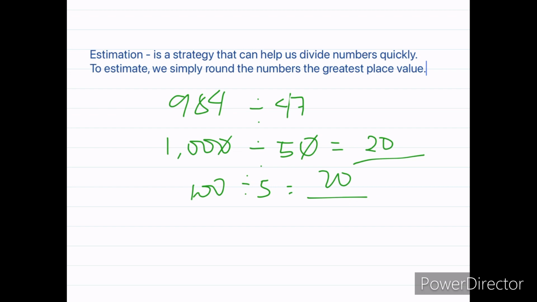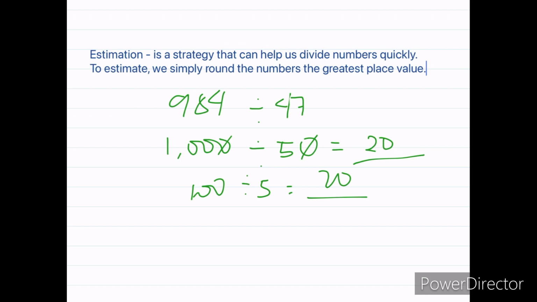So here's another tip when estimating. Make sure that the numbers we are working on are compatible numbers. Compatible numbers are numbers that can divide easily. Examples of compatible numbers when doing division are 4 and 10, 36 and 6, 24 and 12, 64 and 4.